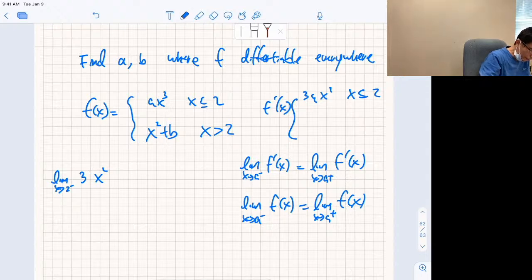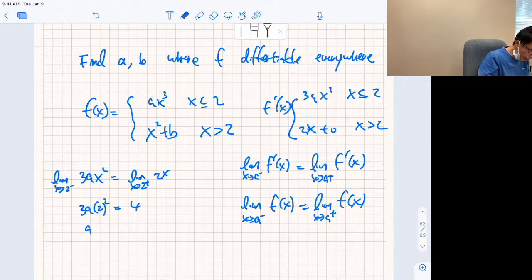Am I doing okay? And it's equal to the derivative of this side, which is going to be 2x plus 0 when x is greater than 2. So it'll be the limit as x approaches 2 from the positive side of 2x. So can I just plug in 2? So 3a times 2 squared is equal to 4. So a is equal to 1 over 3. Does that make sense?